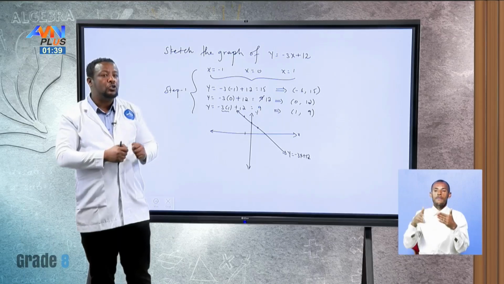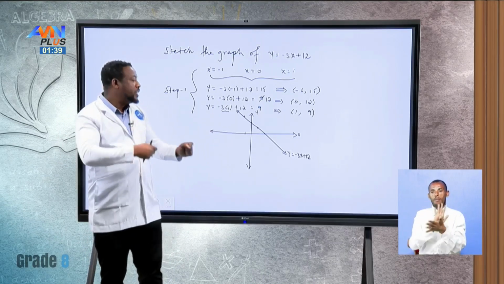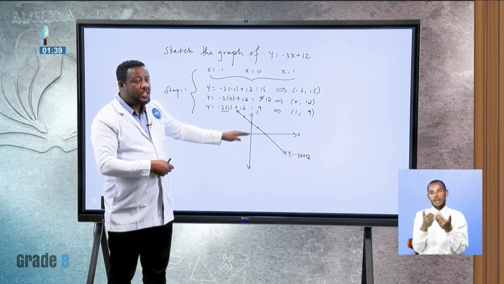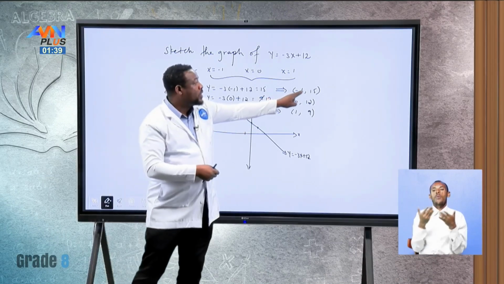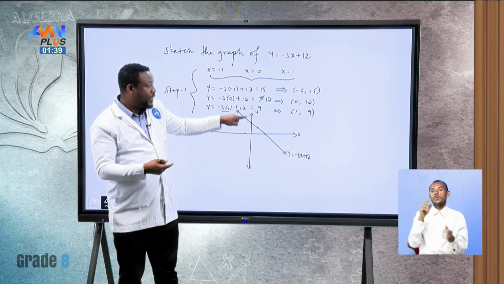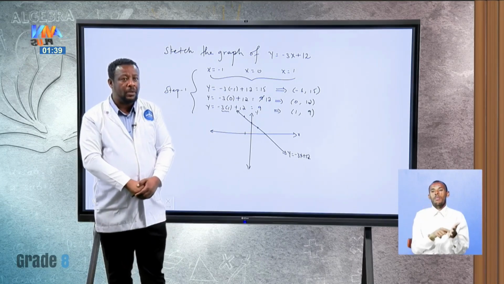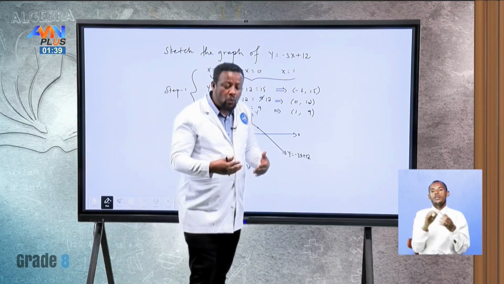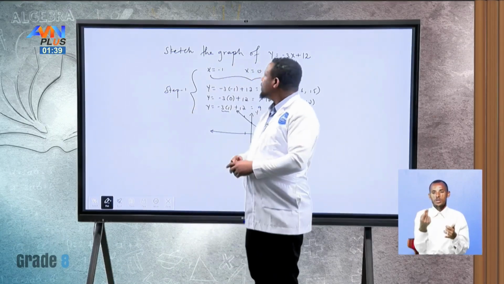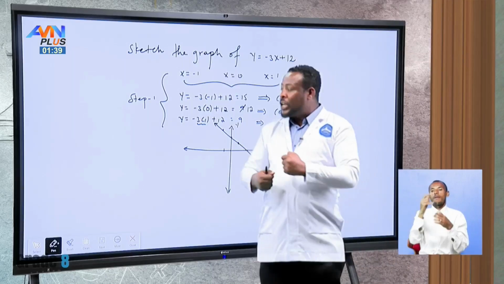I recommend you use square paper in graphing so that you can easily determine where -1, comma 15 is located, right? You can count 15 and put that point on the Cartesian coordinate system. Okay, this is how we use the first method to sketch the graph of a linear function.